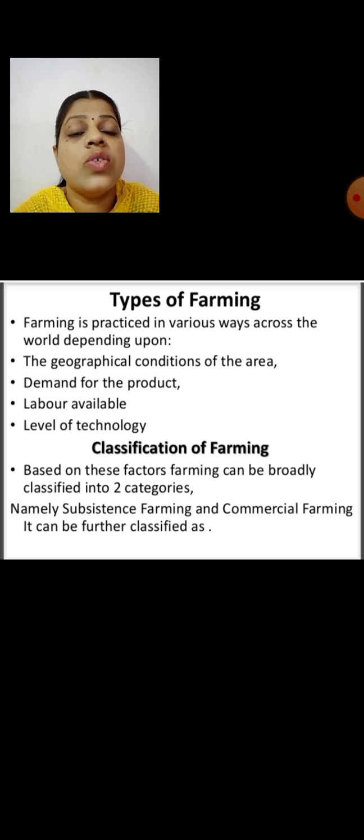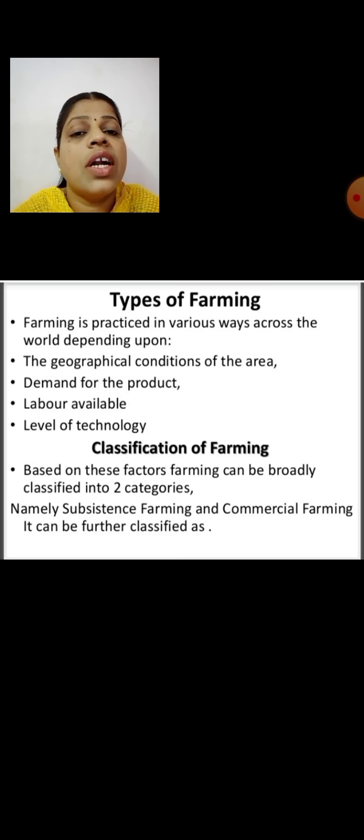The next one is the labor availability, the labor supply in that particular area. The next is the level of technology. Yes, which type of technology we can use in that area. According to that, we can produce more and more types of crops.